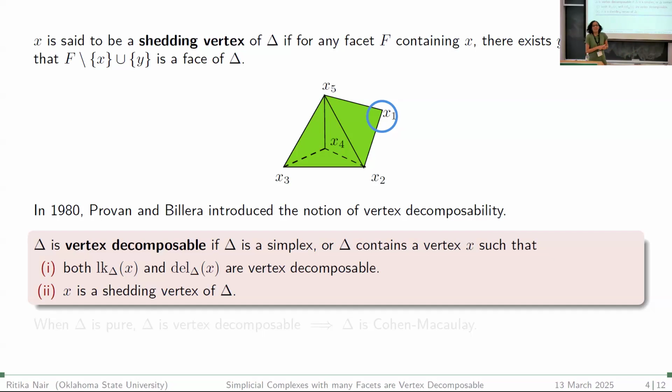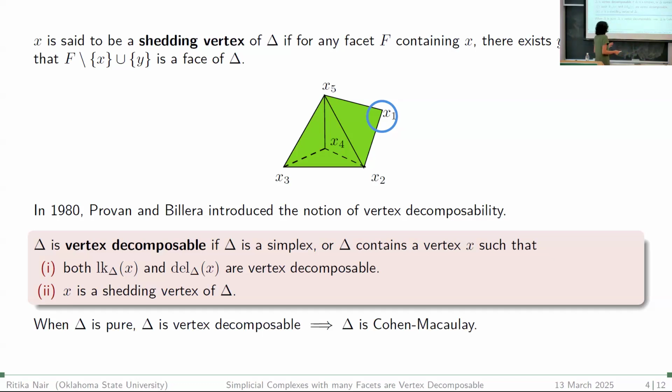Now, from the algebra point of view, why do people care about vertex decomposable complexes? Because, as we know, algebraists are fascinated by Cohen-Macaulay rings. It is a very well-known result that if you have a pure simplicial complex which is vertex decomposable, then it is also going to be Cohen-Macaulay, which means the Stanley-Reisner ring corresponding to this complex is going to be a Cohen-Macaulay ring.